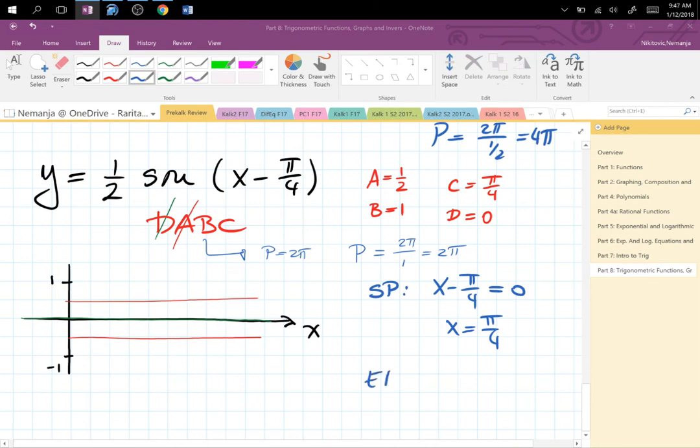To do the end point, common sense would say you take the start point plus the period, right, to get the end point. So pi over 4 plus 2 pi will give us, right, this is over 4, 8, 9 pi over 4.